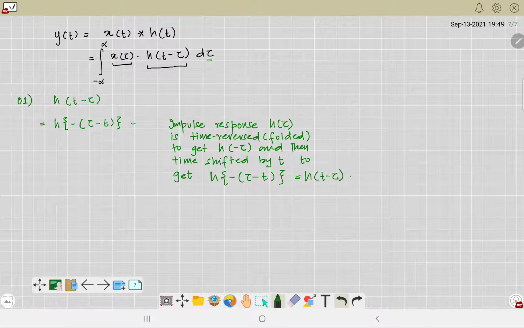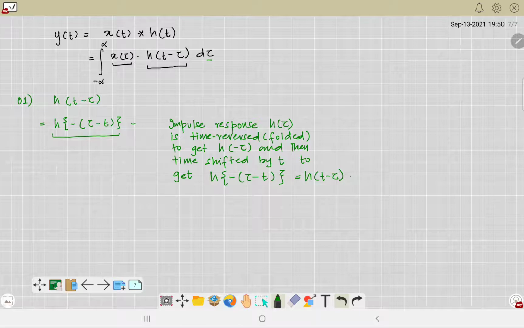Now you can see here that to get this you are actually performing two basic operations on the signal. Mathematically, you can just have x of tau, h of t minus tau, it will be some function, just calculate the integral, and you will get the result. But you need to have a physical significance of the things, and the best way to do so is to see what happens graphically to the signal, that will give you a better understanding.